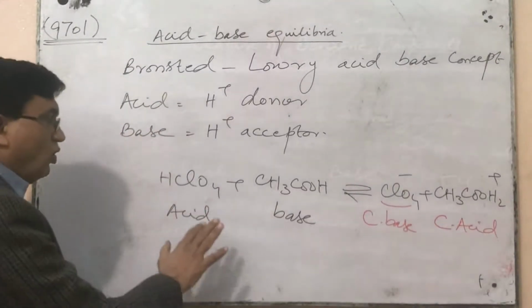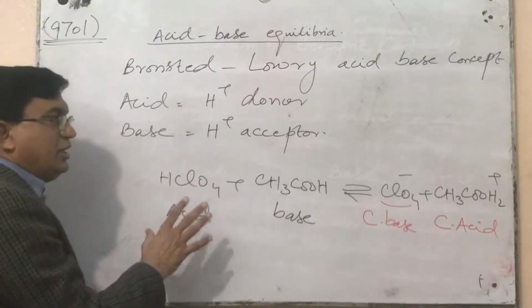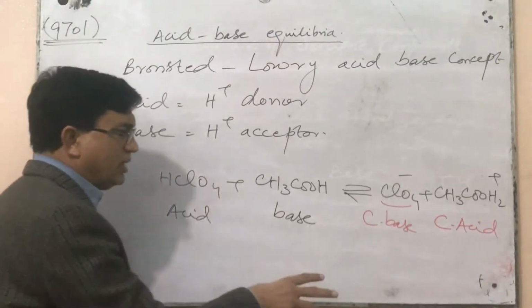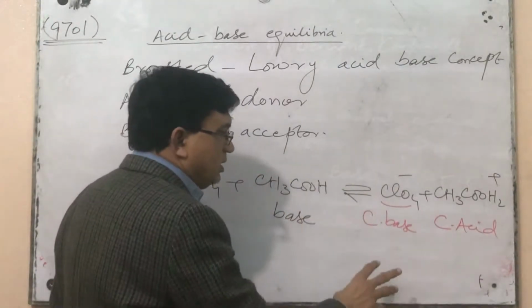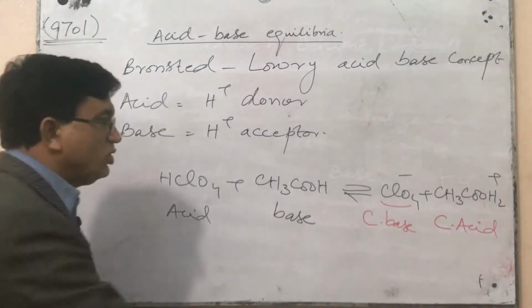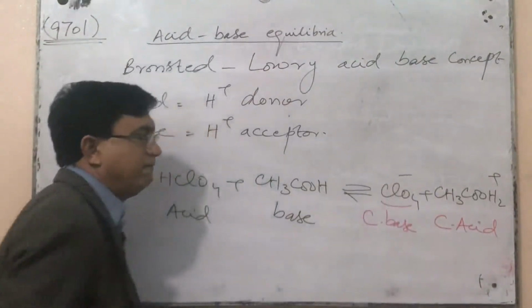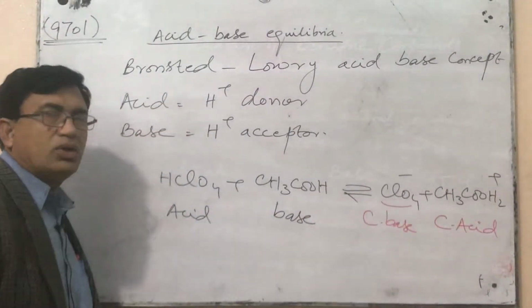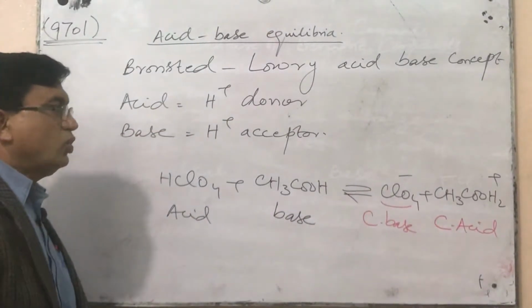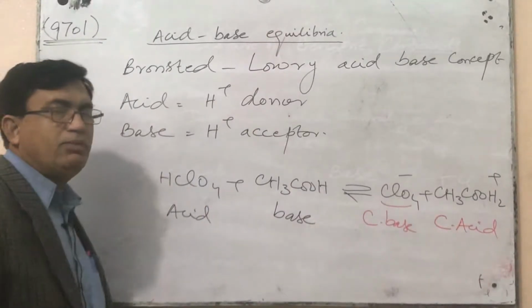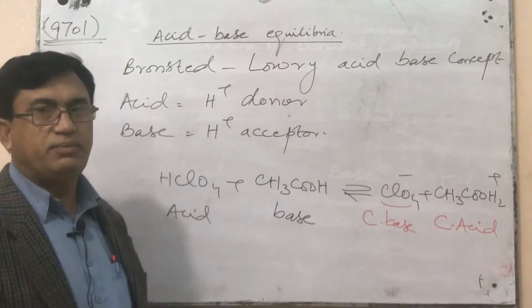Now the strength of an acid depends upon how stable the conjugate base of the acid is. If the conjugate base is very stable, then it will not accept its lost proton, so it will remain in ionized form and automatically the acid will be considered a strong acid.